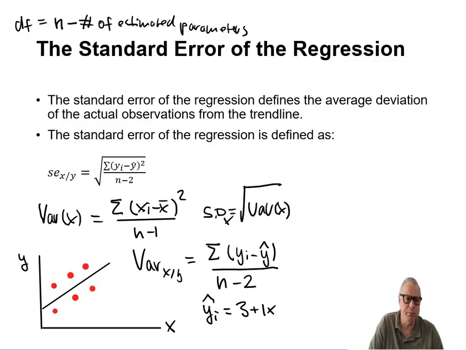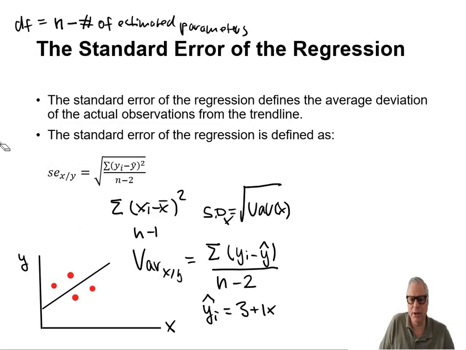So it could be, let's say, these 4. And then I would know what the y is if the estimated trend line is 3 plus 1x.